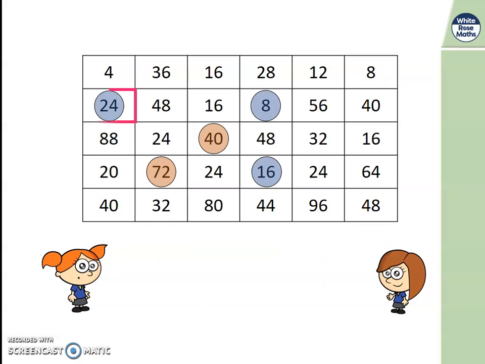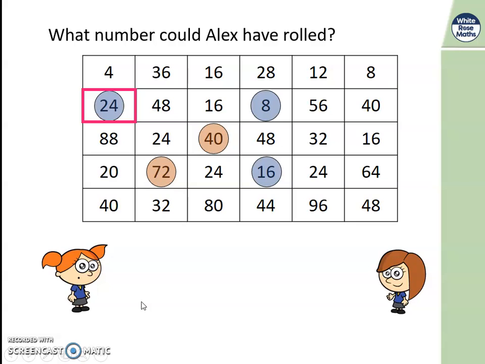So, if Alex puts a number on 24, what would the number Alex has rolled be? If something times 2, something times 4, and something times 8 equals 24, what could the answers be?